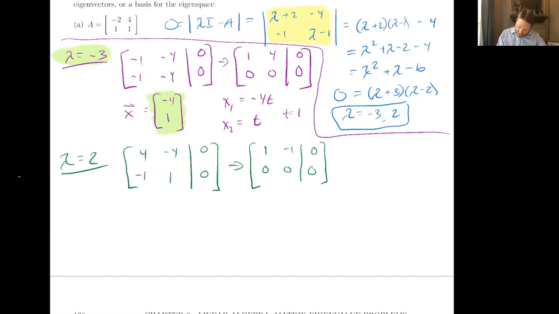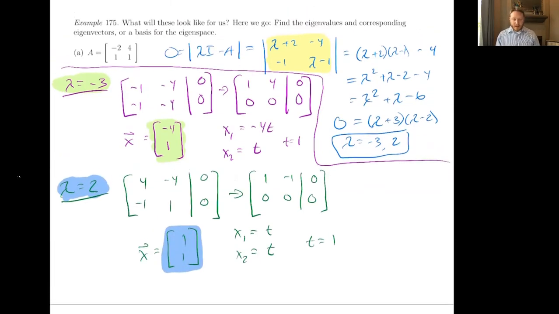So then I can see that x2 is free again, and x1 is actually equal to x2. So that's very convenient. Pick our favorite t, and our favorite t, unless it's fractions, is usually 1. So then the corresponding eigenvector this time is going to be 1, 1. And there we have it. I have another eigenvalue and a corresponding eigenvector.